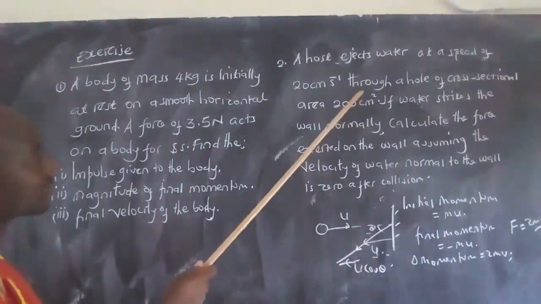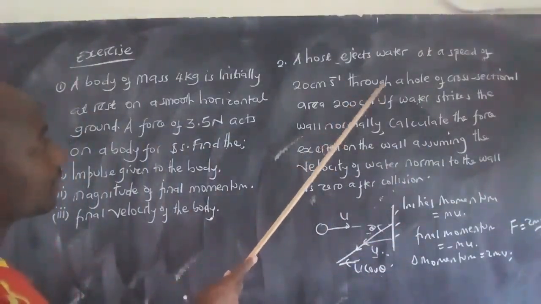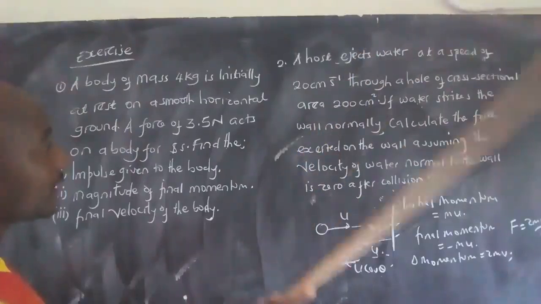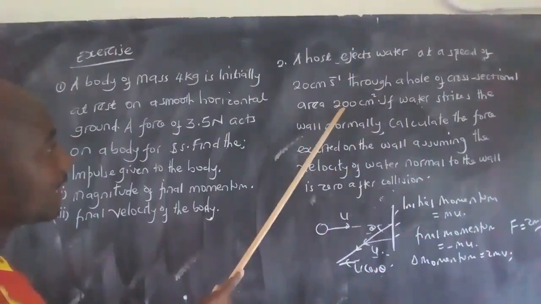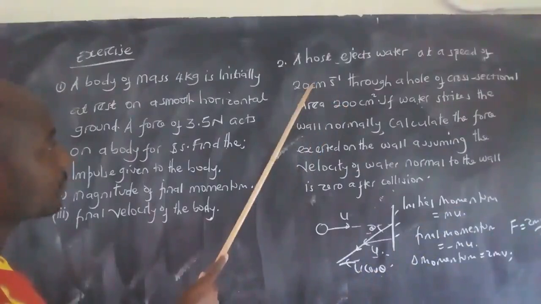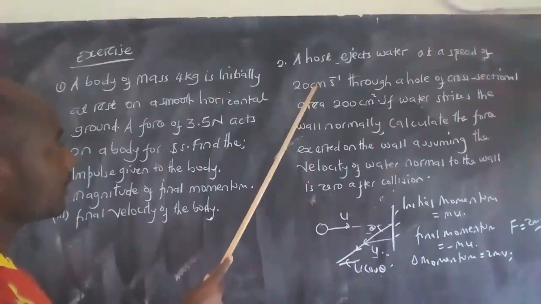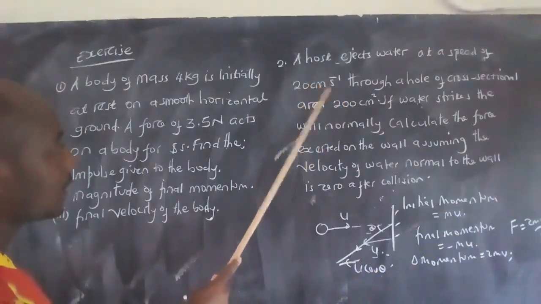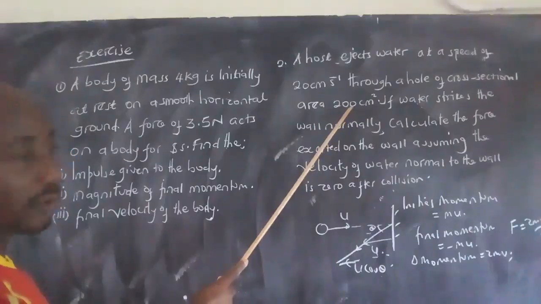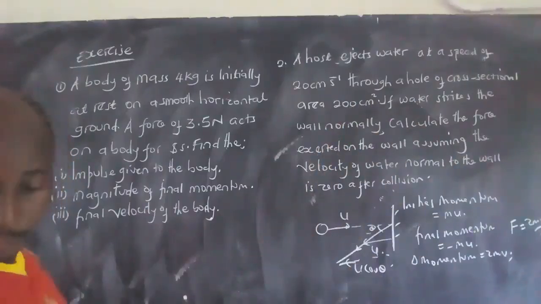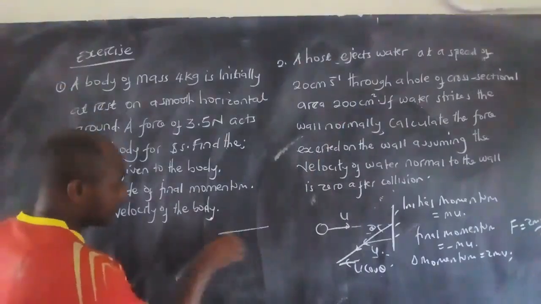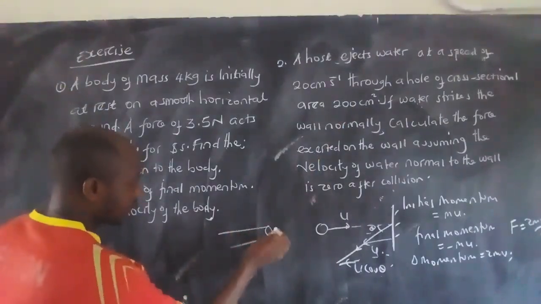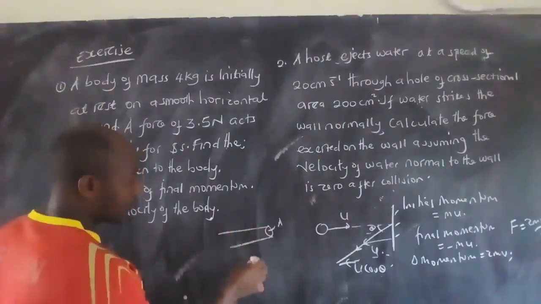So you don't have the mass, but you know the next step. They have given you the area, they have given you the speed. So from speed and the area, you can get the volume. Because if this is the pipe, they have given us this area, they have given us the speed.